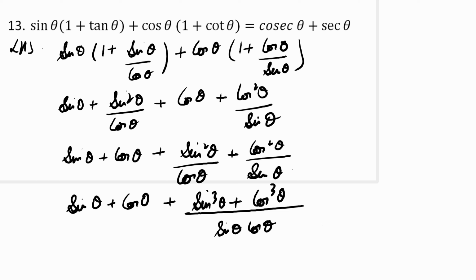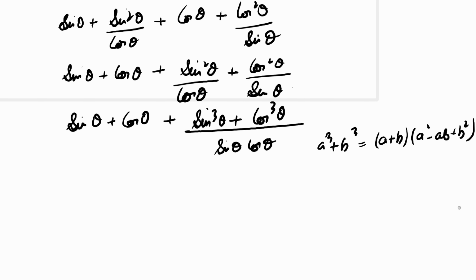We will be using here the identity a cube plus b cube is equal to (a plus b)(a square minus ab plus b square). I will give a link in the description for all the identities, both trigonometric and algebraic.